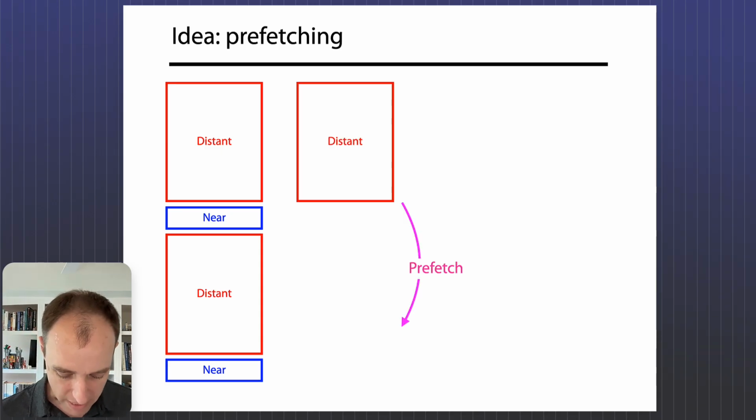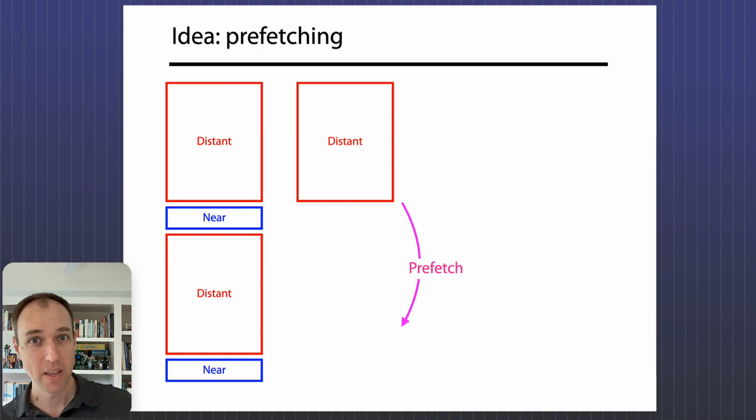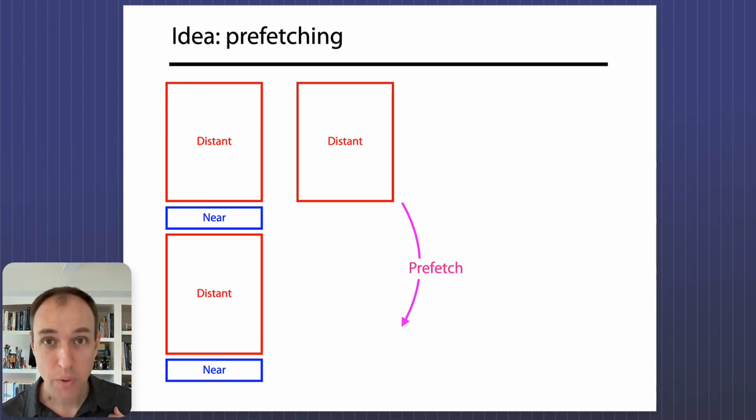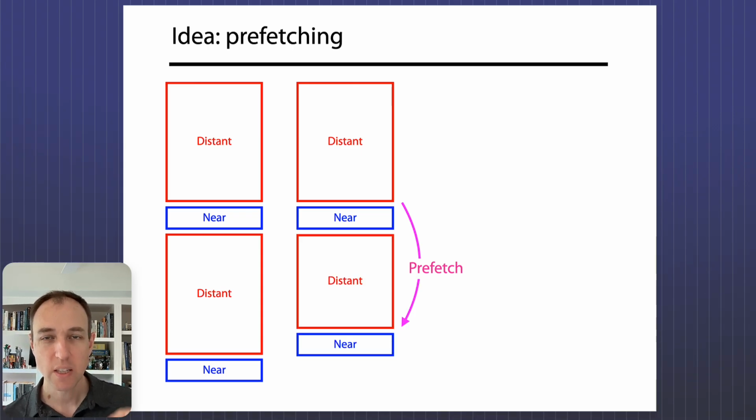So one idea would be, once we know the next memory address we need to retrieve, in other words, once we've retrieved m of i prime, we can go ahead and start preemptively prefetching the next xi, right? The next ID that we're going to go to. And while we are waiting for that prefetch to finish, we can do some other work. And as a result, that distant memory comes in and lets us continue with our work a little bit quicker, right?